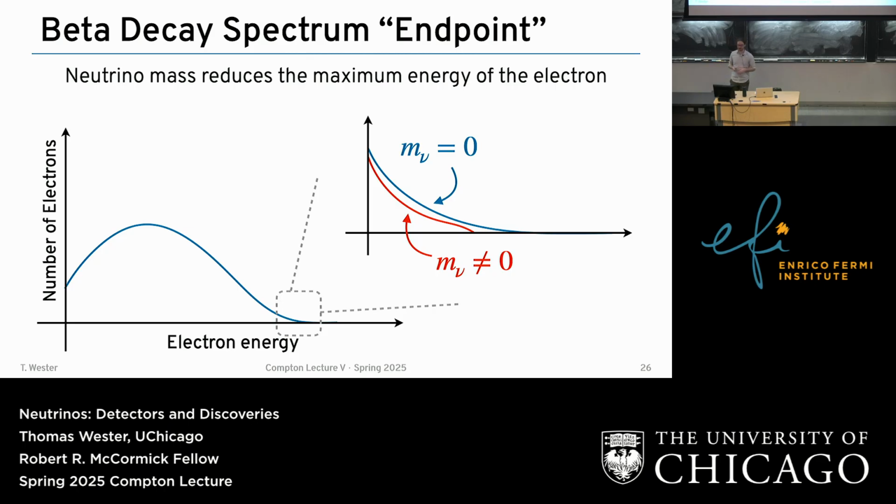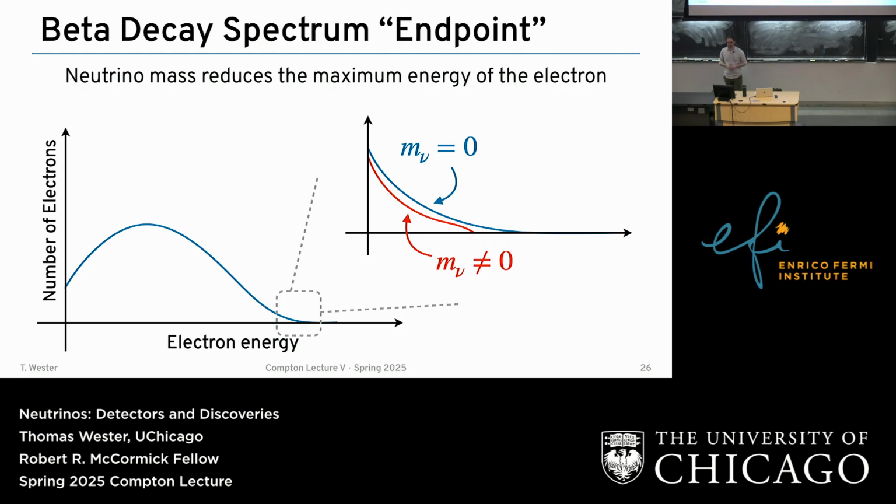On the other hand, if the neutrino has mass, then the electron should have a maximum amount of energy that's somewhere below what it would have if the neutrino had 0 mass. So in other words, the spectrum would be distorted a little bit at the end based on the difference of the neutrino mass with 0. So how heavy the neutrino is would be some kind of distortion of the spectrum just in this region here.